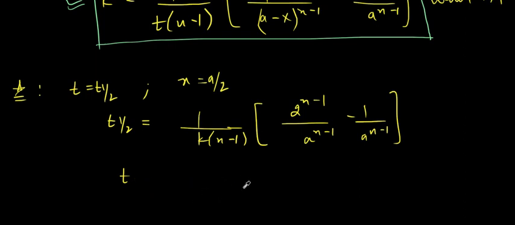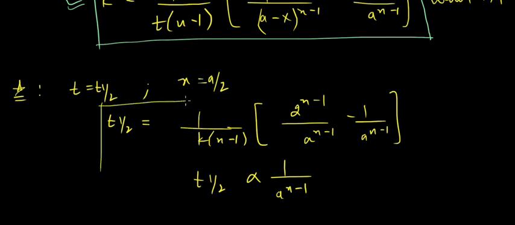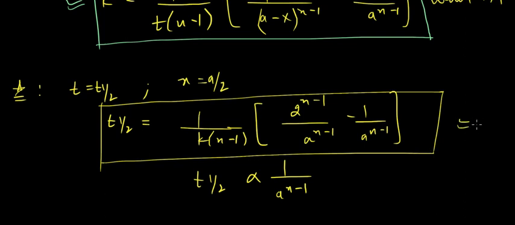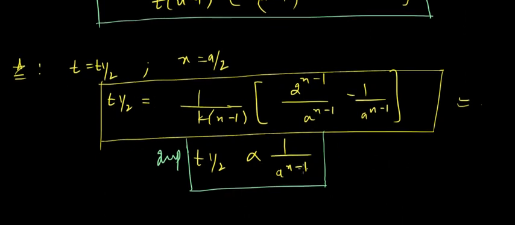You can very well simplify it, so that's not a big issue, so I'm leaving it here. The main point I'm trying to make here is that t half is inversely proportional to a to the power n minus 1.